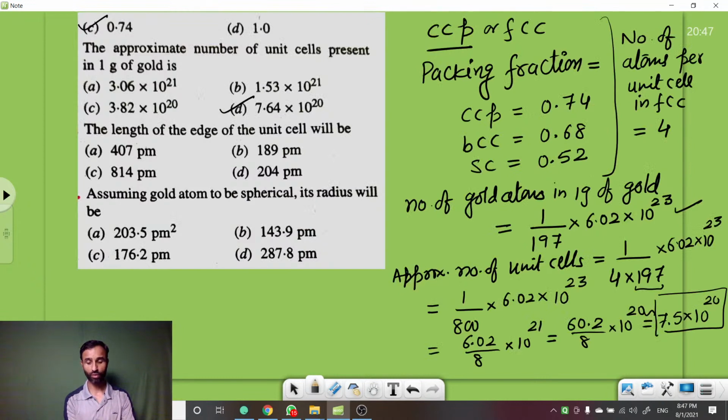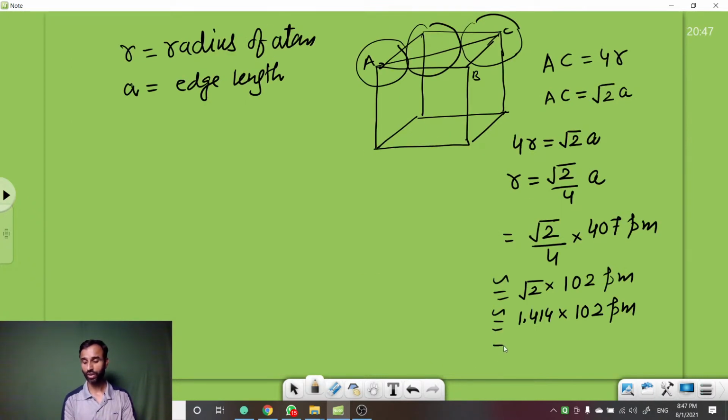So more than 141.4 is only one option, that is 143.9. So it is actually 143.9 picometer. That is the radius of the gold atom. Any doubt up to this?